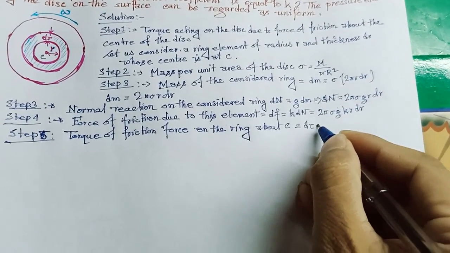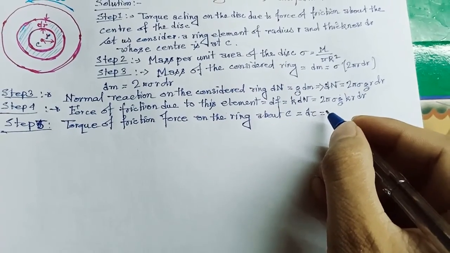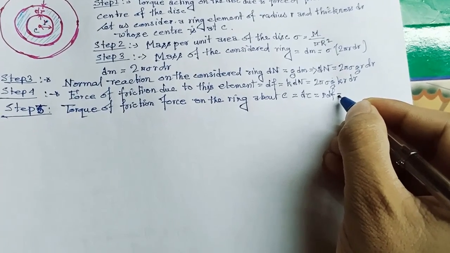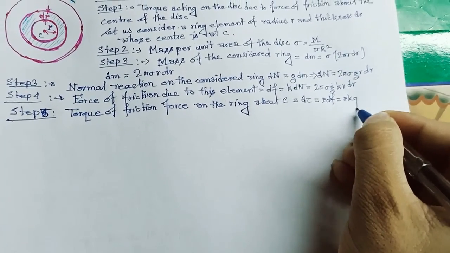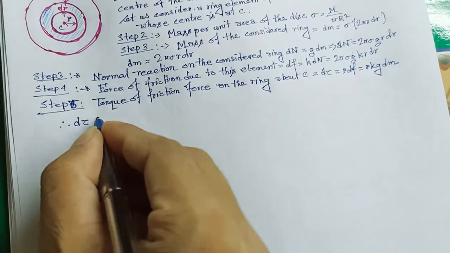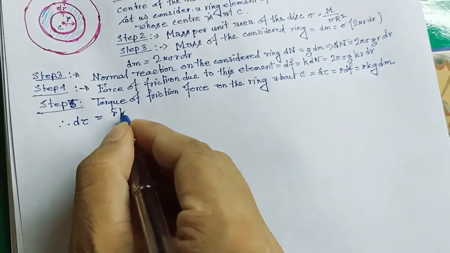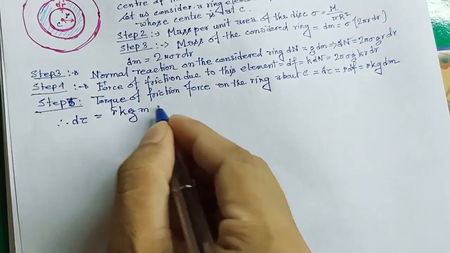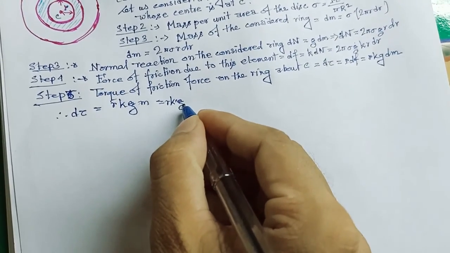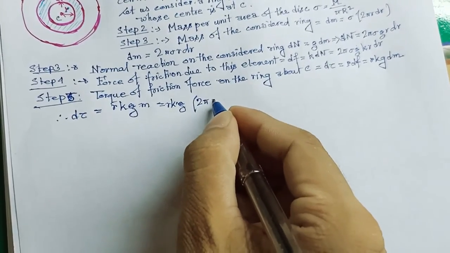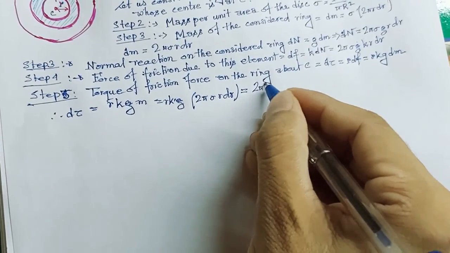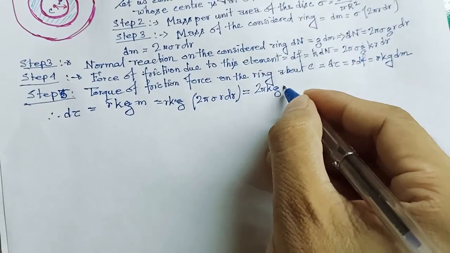Now this d tau is equal to r into dF, and this value will be equal to r k g dm. So our d tau will be equal to r k g into 2 pi sigma r dr, which is equal to 2 pi k g sigma r square dr.